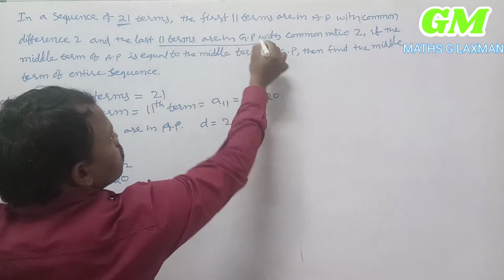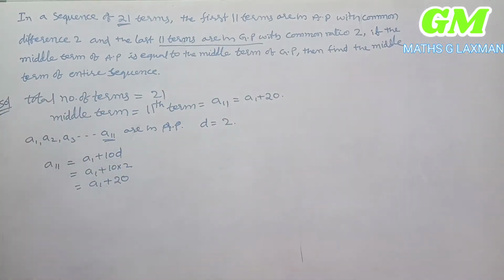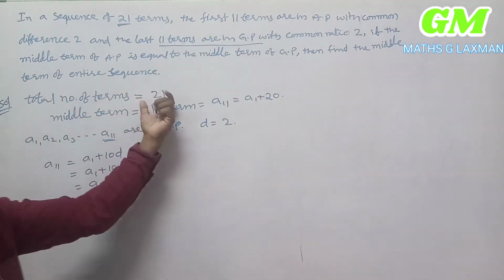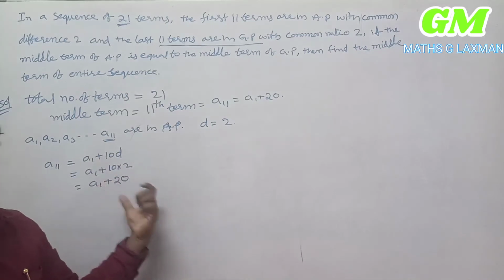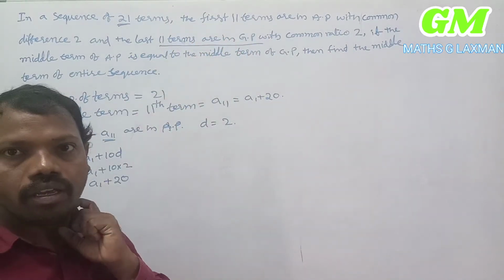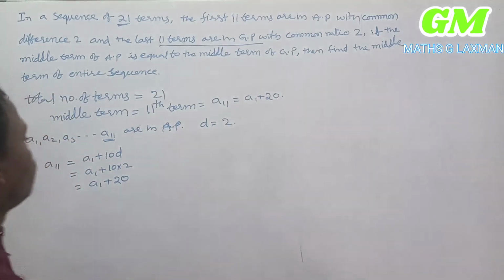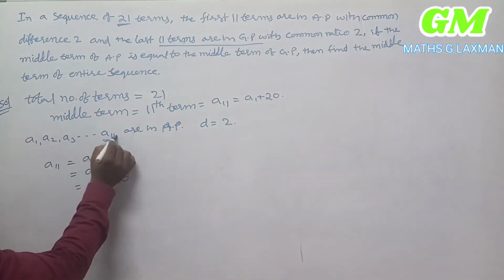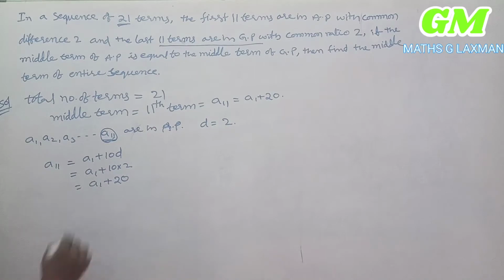The next 11 terms are in GP. So here only 21 terms are there, but here we are getting 22 terms because 11 terms are in AP and 11 terms are in GP. So that means the last term of the AP is the first term of the GP.